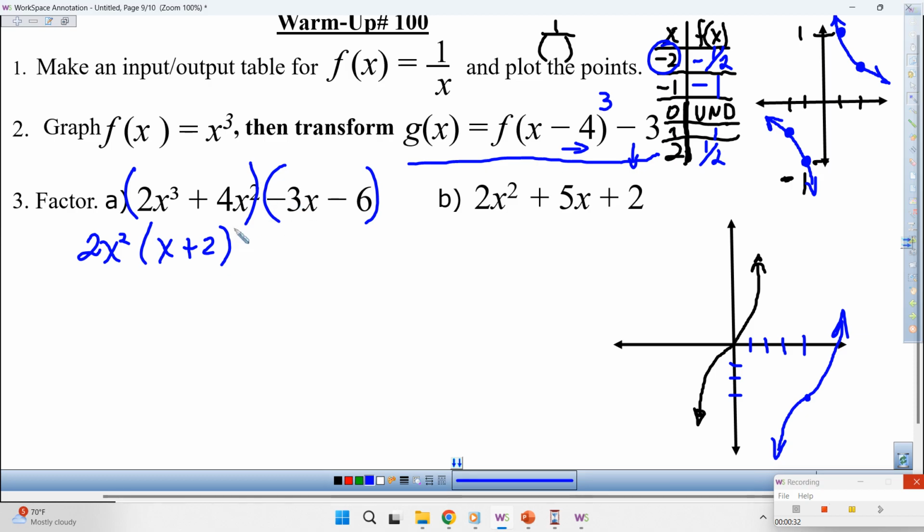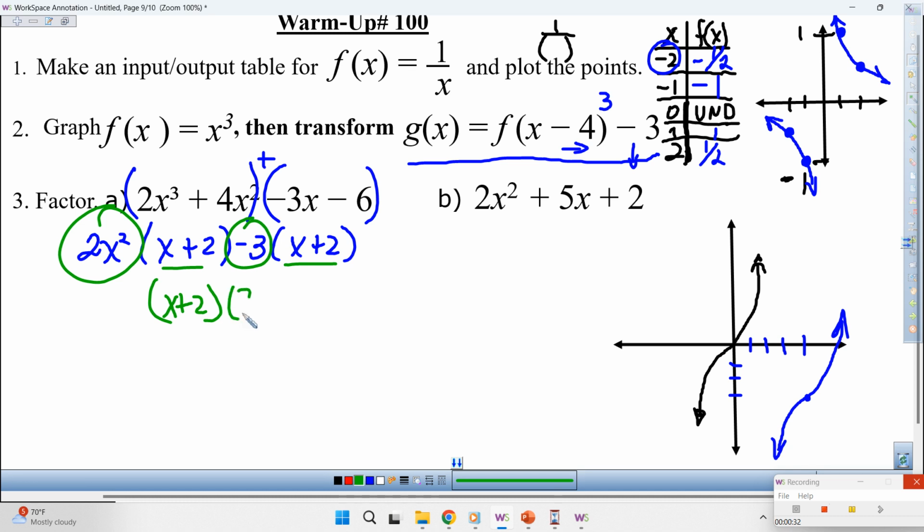And then we have, I'm going to put a little plus sign right here. GCF for those two is -3. We're left with x plus 2. So my factors are x plus 2. And what's left over, 2x squared minus 3.